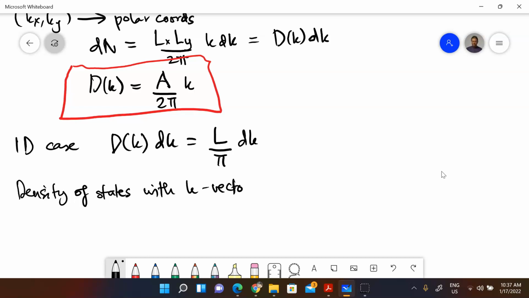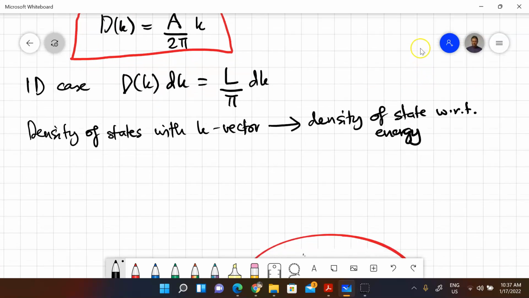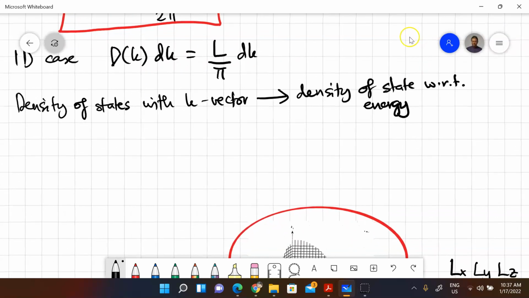Another convenient thing to do is to convert the density of states into one with respect to energy. Let me avoid writing too much now.